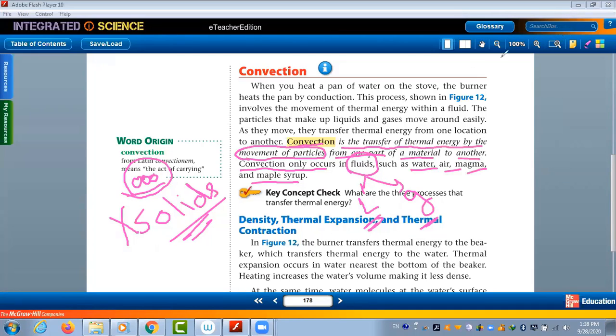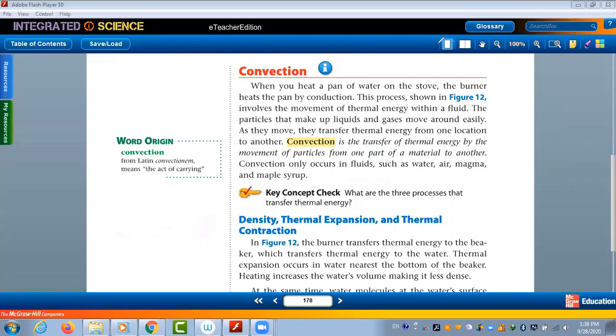From where? From here, from the beginning. When you heat a pan of water on the stove, the burner heats the pan by conduction. This process shown in Figure 12 involves the movement of thermal energy within a fluid.